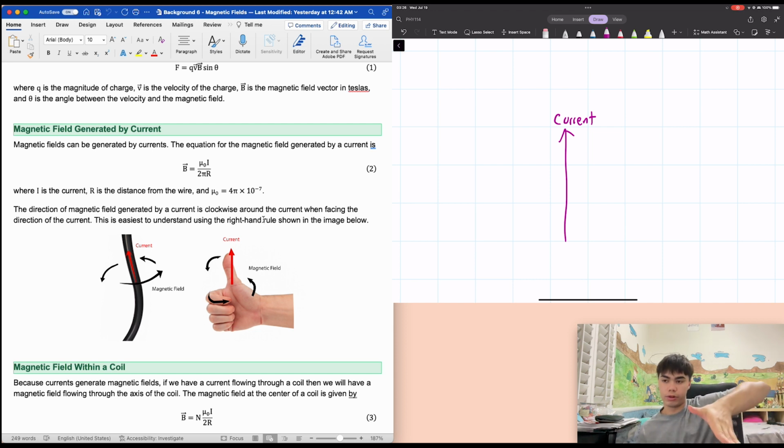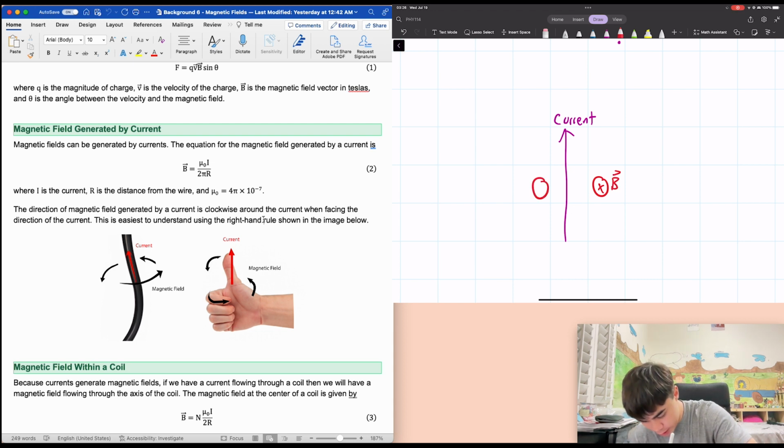Using your right hand, if you point your thumb in the direction of the current, the magnetic field wraps around the current. So we have the magnetic field into the page over here, and out of the page over here, and then to the right over the current, and underneath it goes to the left.